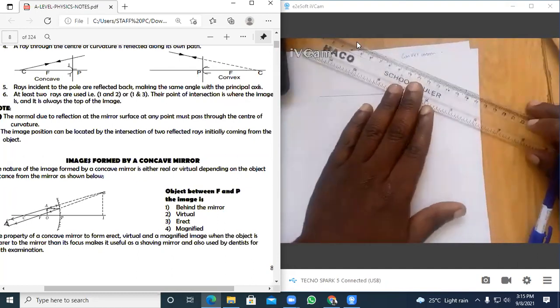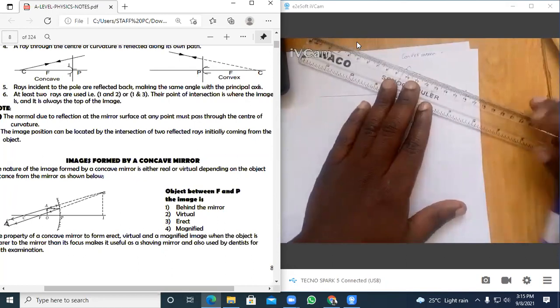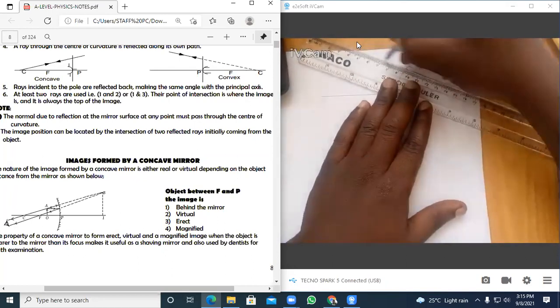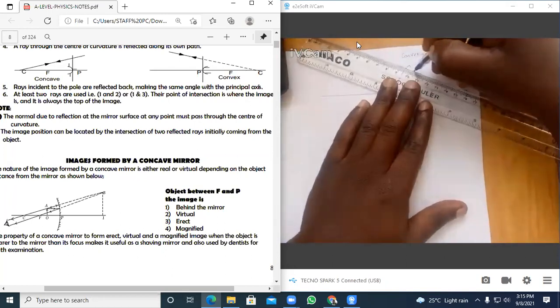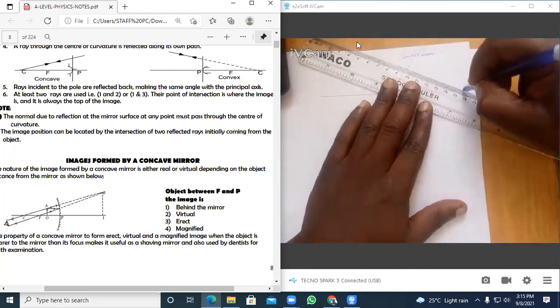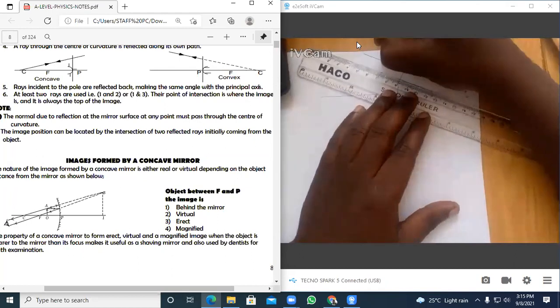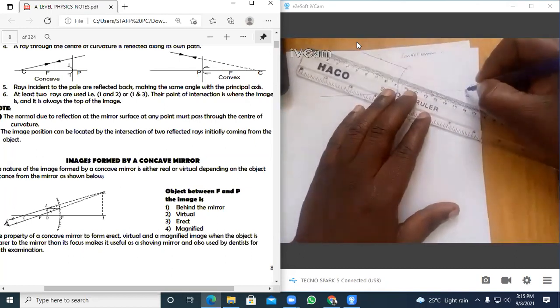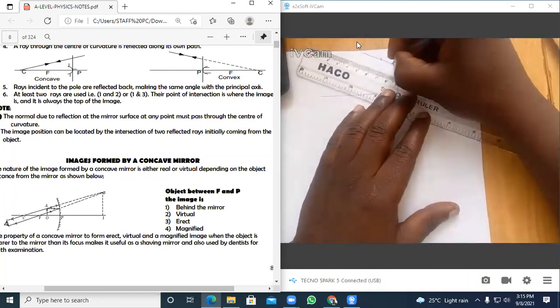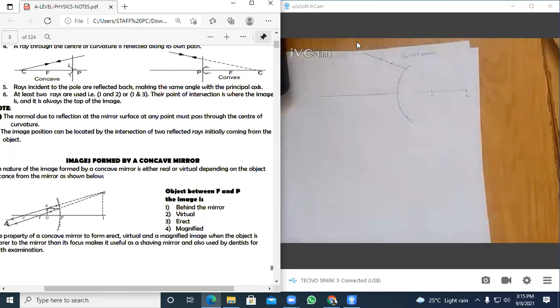Then this ray that comes from this point, the one that we are talking about here, will pass through the center of curvature. Now, after reflection from the center of curvature, it will be reflected back along the same path.